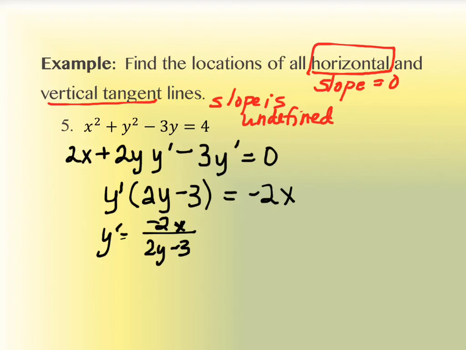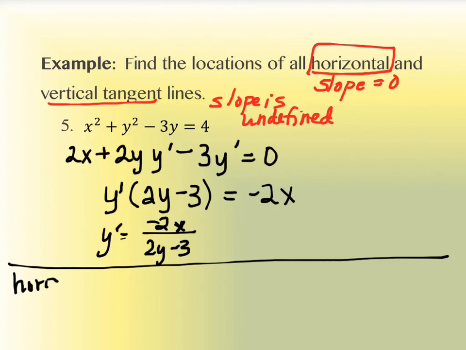All right, so let's talk about the horizontal ones, because those are the ones that you're most familiar with. So to find a horizontal tangent line, I need to figure out where the slope is 0. So looking at this equation, how in the world am I going to get the slope to be 0? The top would have to be 0, right? Because if you do 0 divided by anything, you're going to get 0.